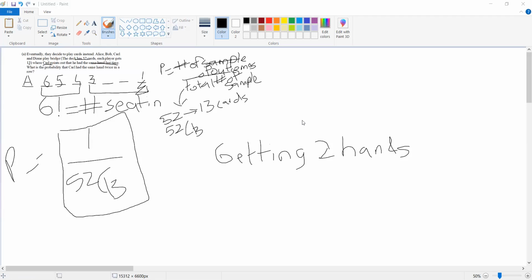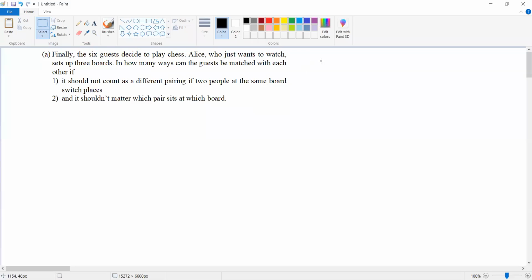So I'm copying the second question. Can you see the new question?